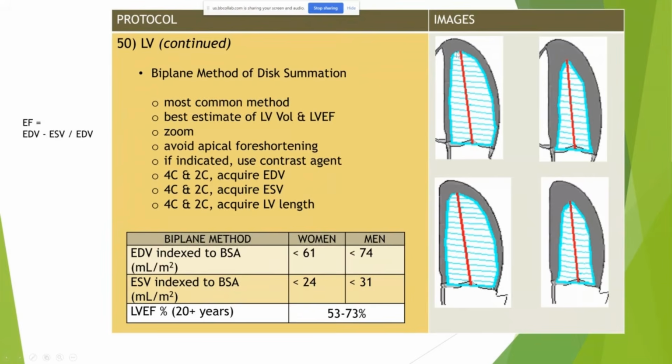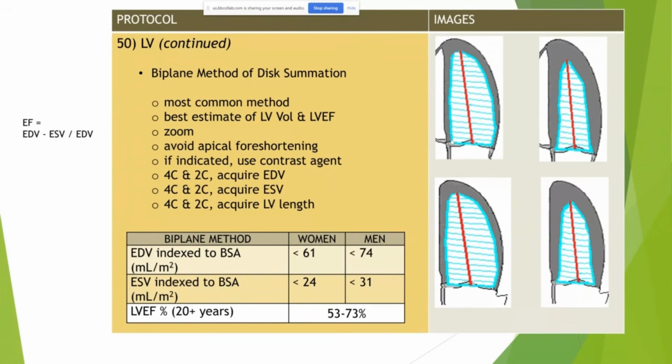And then the LV length, which is this red line right here, what we call a bisector, is going to be between the points of the apical cap and where the valves meet, if you have traced this correctly.